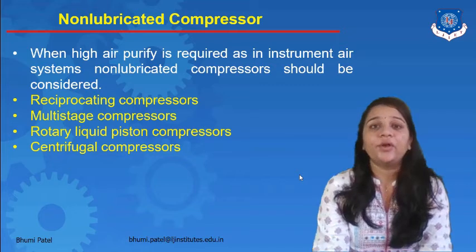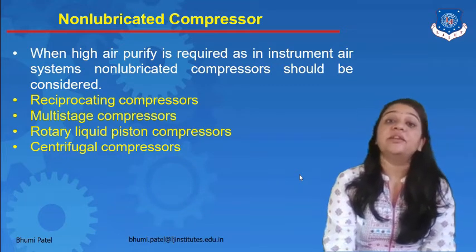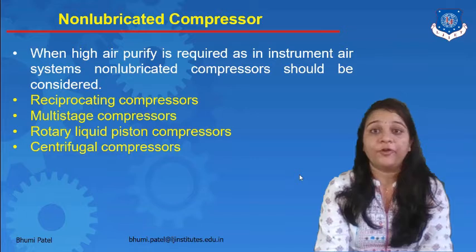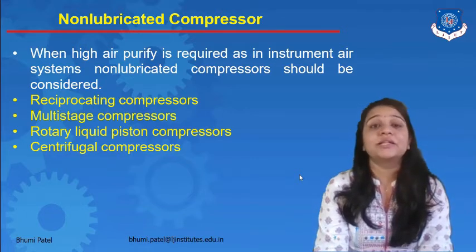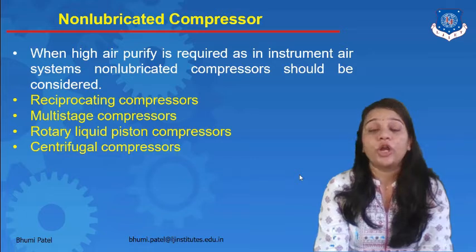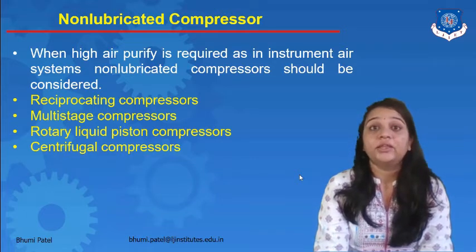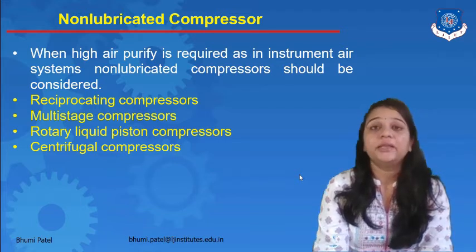In the reciprocating compressor, we can use a non-lubricated compressor with carbon or Teflon materials. We can also use a multi-stage compressor if required, and the pressure and temperature are limited in the non-lubricated compressor because of the Teflon material.